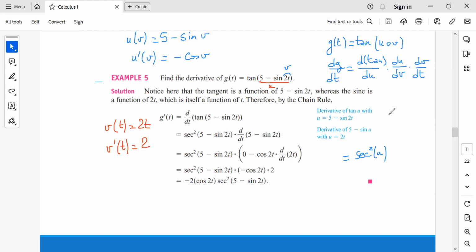If we replace here, du over dv is minus cosine v, and dv with respect to t is 2. Finally, it's minus 2 cosine of 2t times sec squared of 5 minus sine 2t. And we are done.